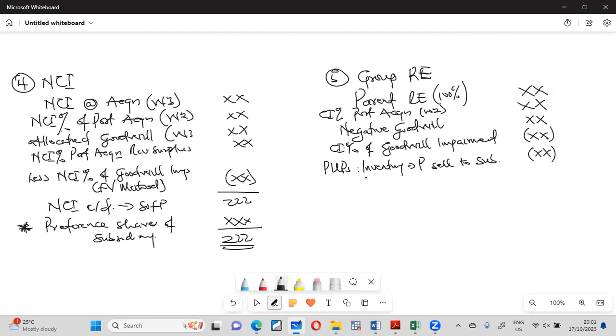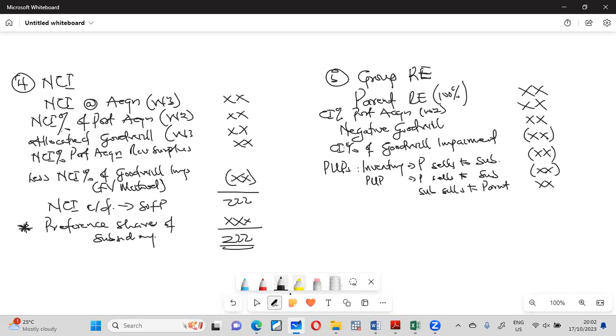The same thing for PPE PAP. So the PPE PAP, if the parent sells to the sub, the same thing, you treat it like the way you do the inventory. However, if the sub sells to the parent, it will be a positive here.